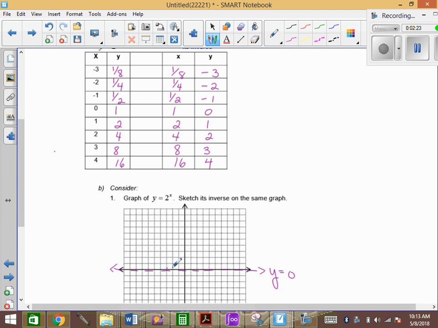Negative 2, 1/4, negative 1, 1/2, 0 and 1, 1 and 2, 2 and 4, 3 and 8. And then our line comes close to the asymptote, but doesn't touch it.